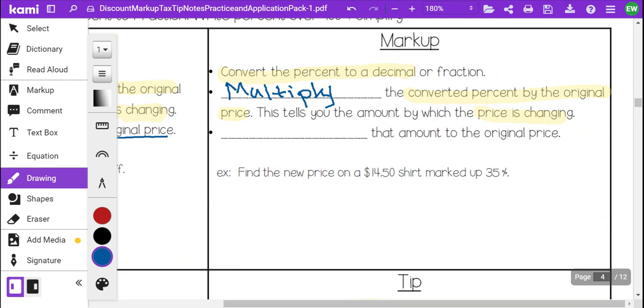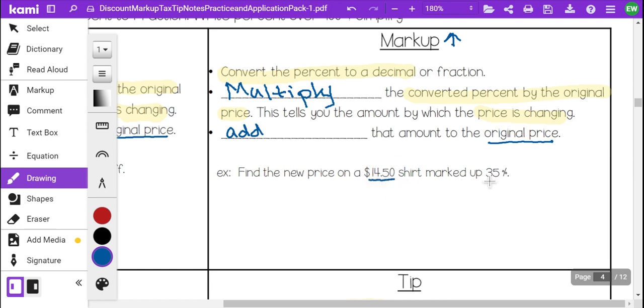So remember, markup is going to make the price go up. So once we find the percent to decimal, we are going to add the markup to the original price. Okay? So we need to find a new price on a $14.50 shirt.